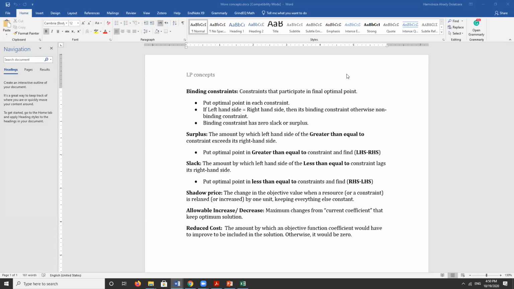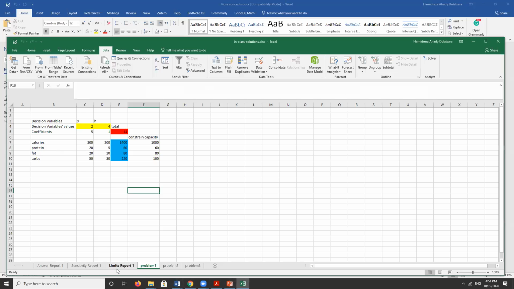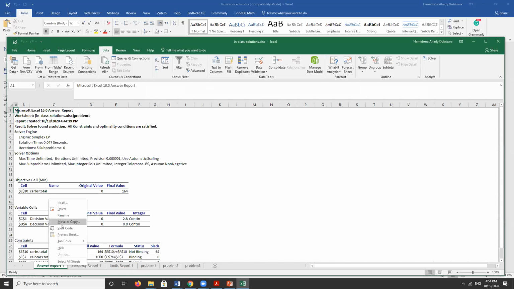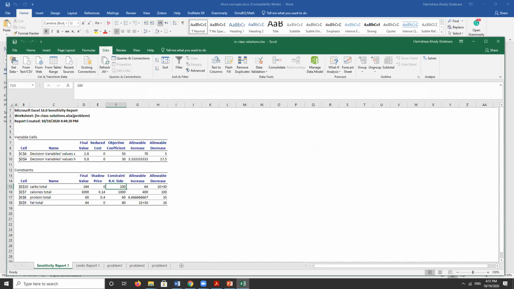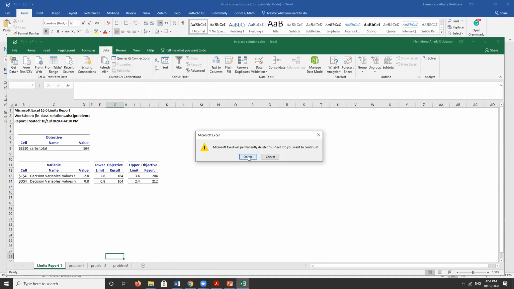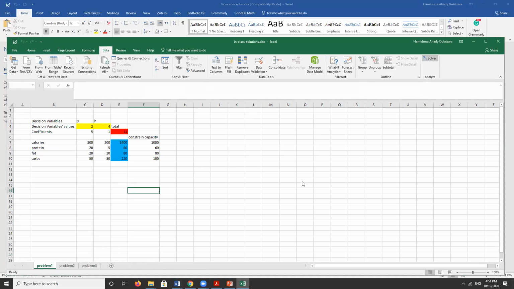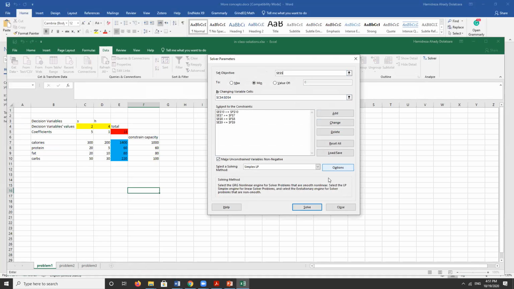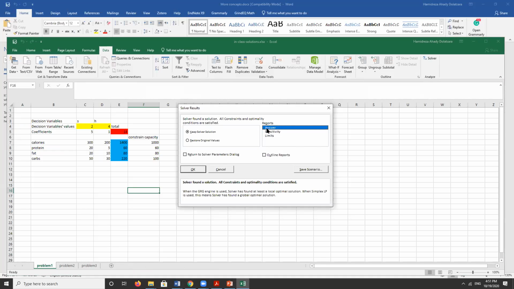So left-hand side is the multiplication of, let's say, calorie times your decision variable. Let me just show it here. Let me solve it again. Okay, this one E5, everything's fine.